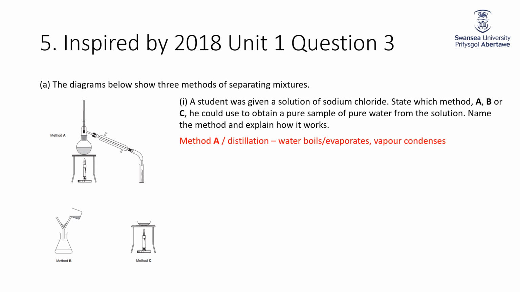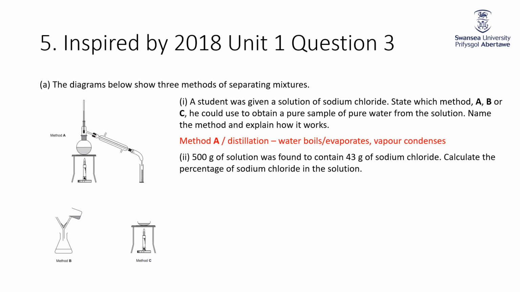The water will boil or evaporate, and then the vapor will condense to give you a pure sample of water. The second part is 500 grams of solution was found to contain 43 grams of sodium chloride. Calculate the percentage of sodium chloride in the solution. So that would be 43 divided by 500 times 100% is equal to 8.6%.